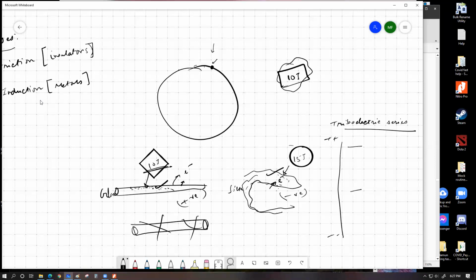The location where this electron gets attached, it will pretty much stay there. It's not going to flow through the entire cloth because the cloth is also made of insulator. We are rubbing two insulators here. So the electron transfer is happening from one atom to another atom. It is not actually traveling through the object because they are both insulators.